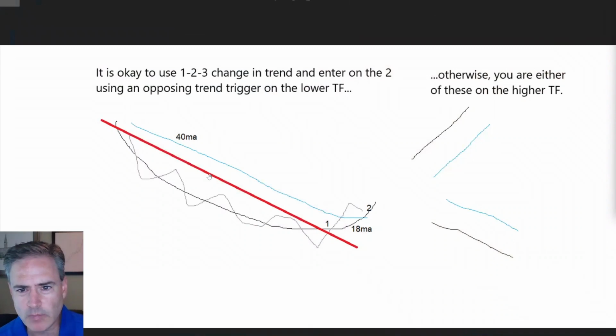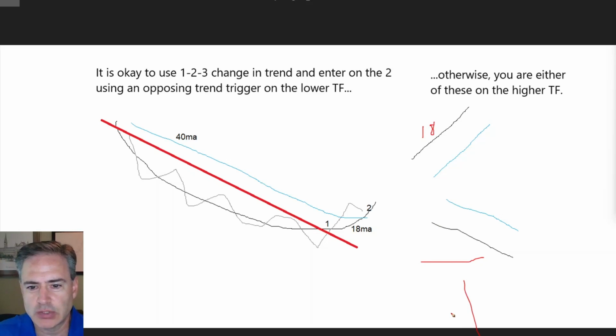So on the right is actually what I discussed last week. I was looking at, let's just say this is the 18, and that would be the 40. So this is the 18 on the downside, and we're looking for that to be moving at a rate that is not flat and not accelerating.